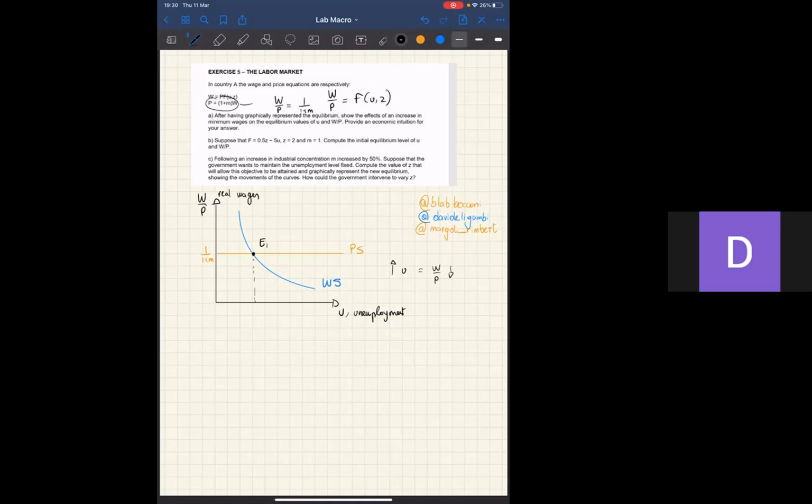And just as a quick side note, once again, here in the equation for the price setting, there's also A, which in 99% of the cases, we're going to be assuming is 1. So you don't really have to think about it. But it's useful to understand that it is basically the marginal productivity of labor, meaning that if a worker is working, how many units is he going to produce? A units.